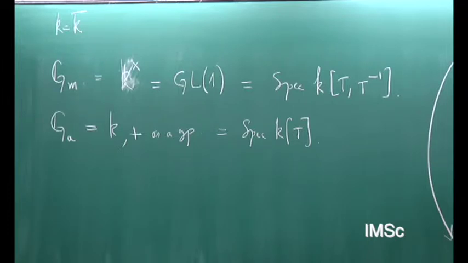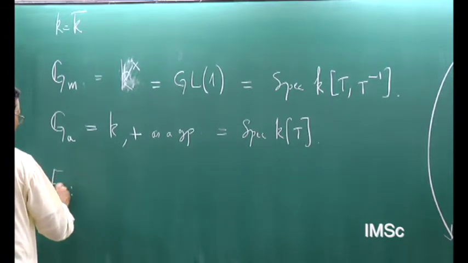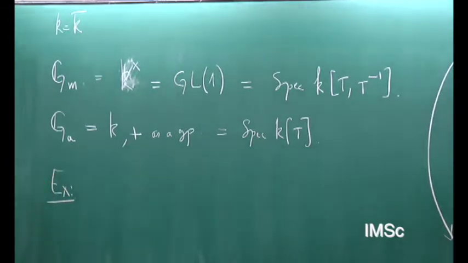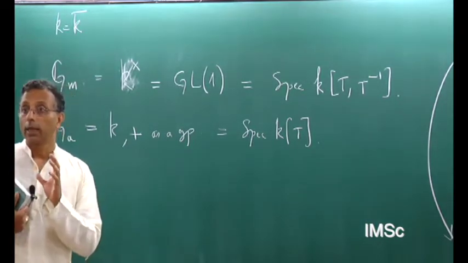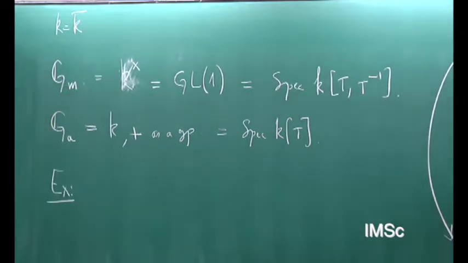Okay, now here is the exercise that you should do. Write down the Hopf algebra structures on these. See, what did we say? That linear algebraic groups are the same as Hopf algebras with some property, right?